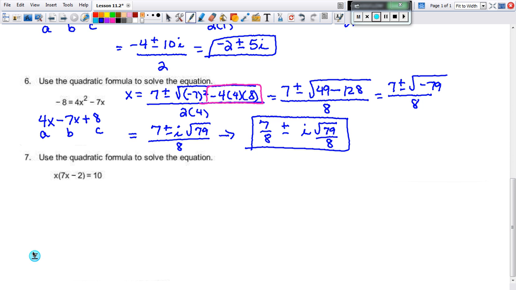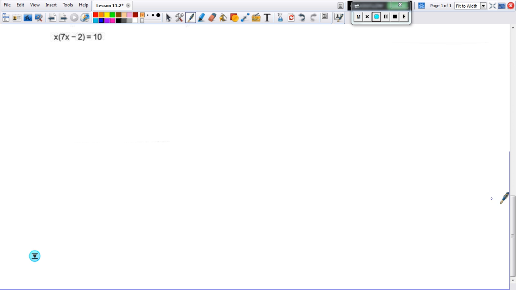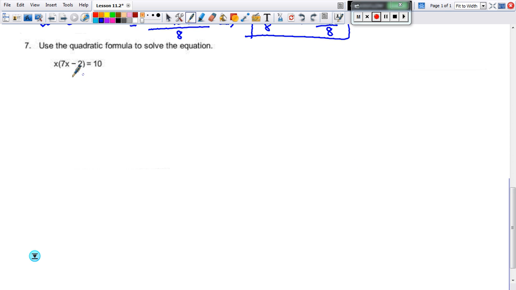Okay, the next one. X times 7x is 7x squared. X times negative 2 is negative 2x equals 10. Take the 10 over and make it negative.